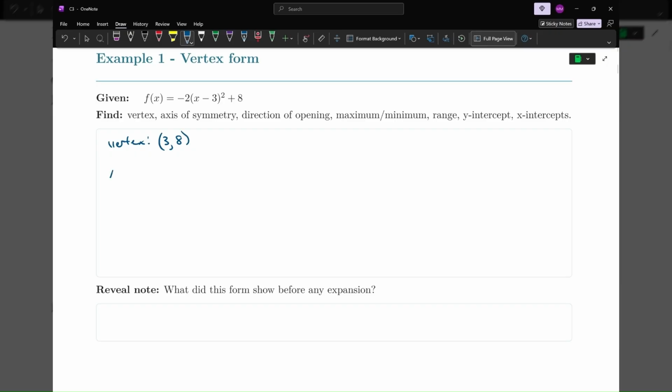What that then gives us, axis of symmetry, is going to be the x portion of the vertex, but it is an equation, right? So the axis of symmetry is x equals 3. Direction of opening: we can see it opens down because the a value is negative. So a is negative, therefore open down.